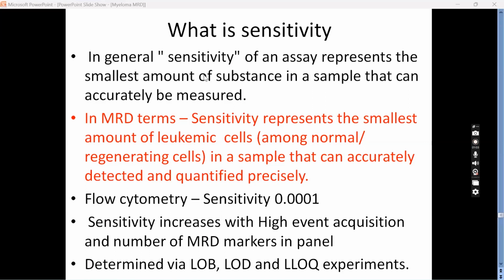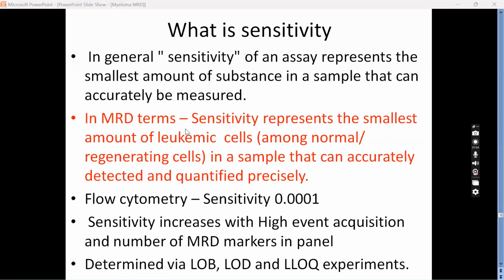If method A is detecting glucose to a level of, say, for discussion, 20 milligram per dl, and method B detects glucose of 30 milligram per dl, then method A is more sensitive than method B. Okay, so this is about biochemistry. Sensitivity initially started with respect to biochemistry, since it deals more with analytical assays. Since flow also deals with analytical and quantification assays, this slowly percolated into flow.